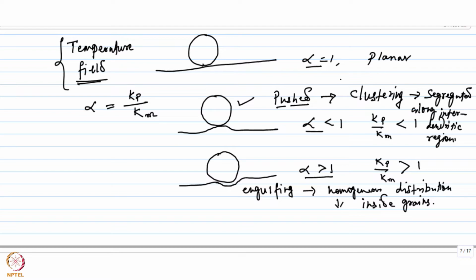as you could see, without any curvature. So this will be a planar interface when alpha is equal to 1, and when alpha deviates from 1, the interface gets deflected near the particle. If alpha is less than 1, the interface develops a bump.